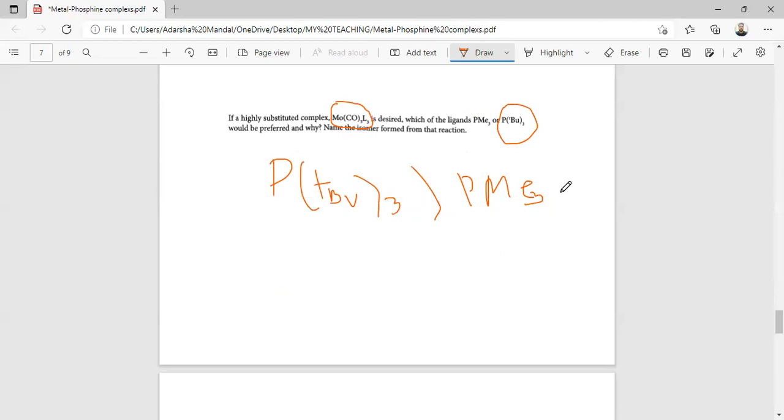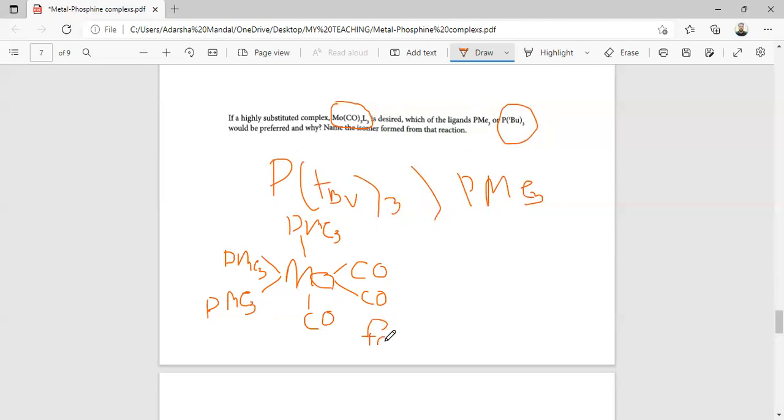That will create more steric bulk around the metal center, and that will disfavor the formation of this Mo(CO)3L3. So the PMe3 case is preferred due to the less steric bulk around the metal center, and it will form this Mo(CO)3(PMe3)3, and the isomer is the facial isomer.